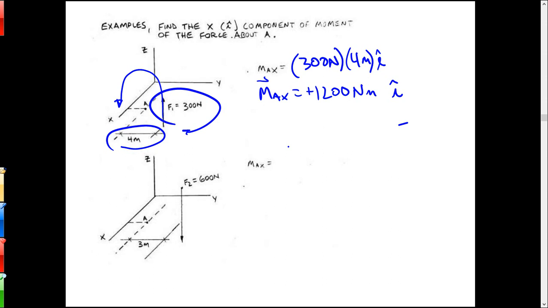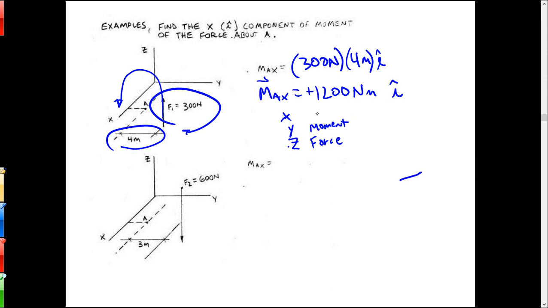Its distance from point A. So what do we got there? Maybe 1,800? Negative, yeah, okay.